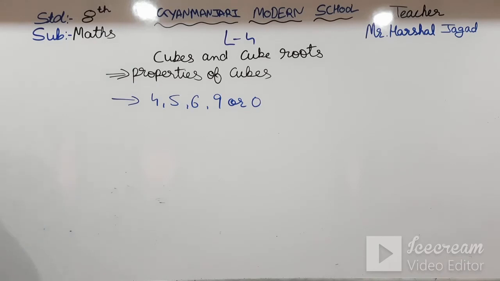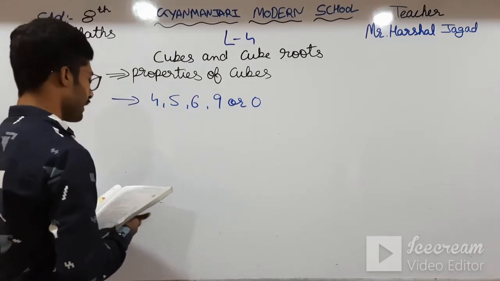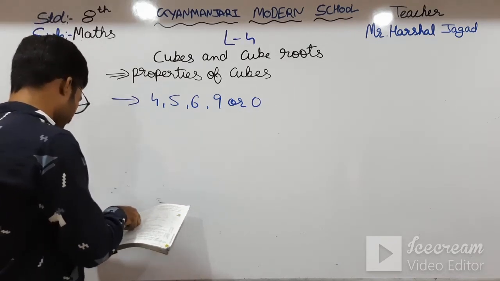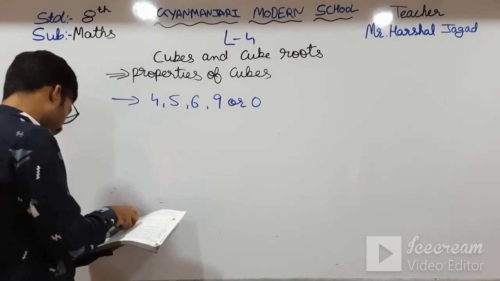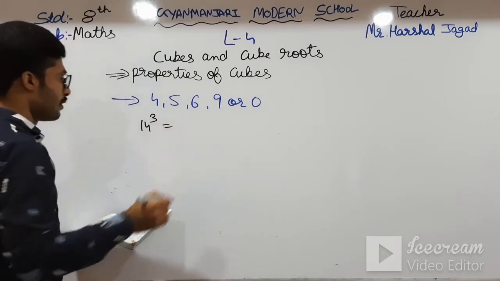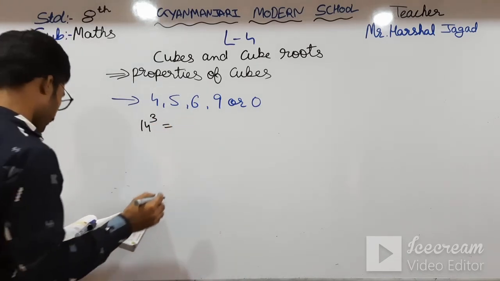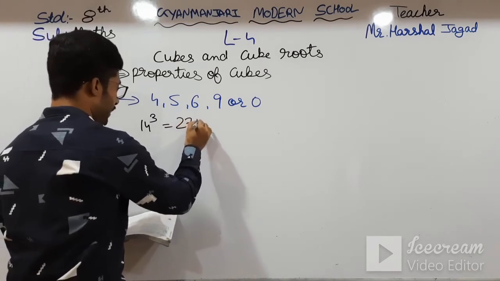Here I will directly take the examples from your textbook. First of all, 14 cube. So what will be the cube of 14? The answer is 2744.